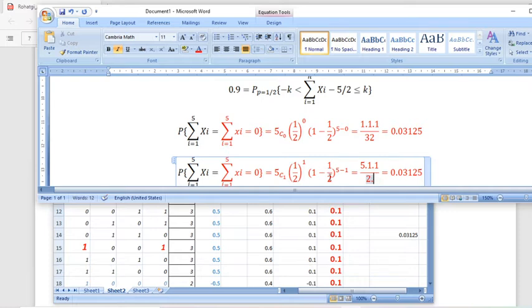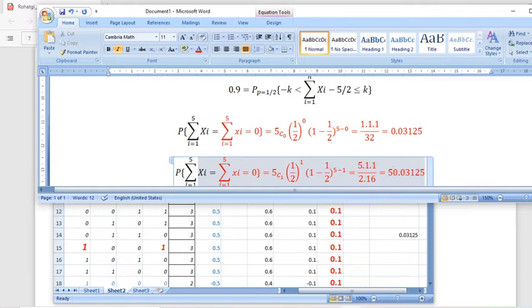Then 1 minus 1 by 2, that is 1 by 2 raised to 4, which means 2 raised to 4, that is 16. So that is again 5 into 1 by 32.